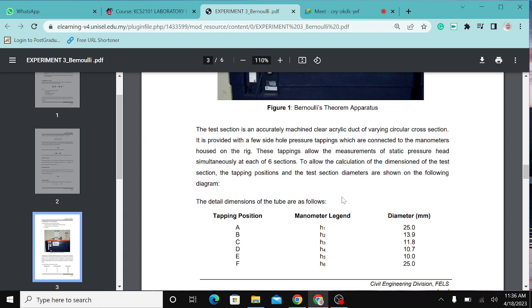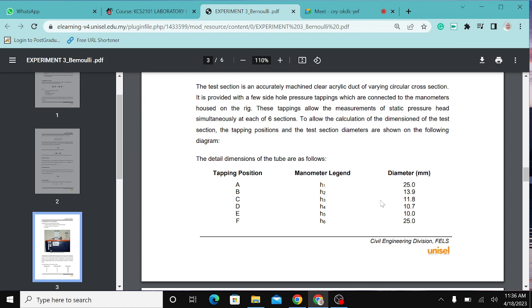You can see the details of the dimensions of the tube as shown here: the first column includes the tapping positions, then the manometer legend, then the diameter for each position.